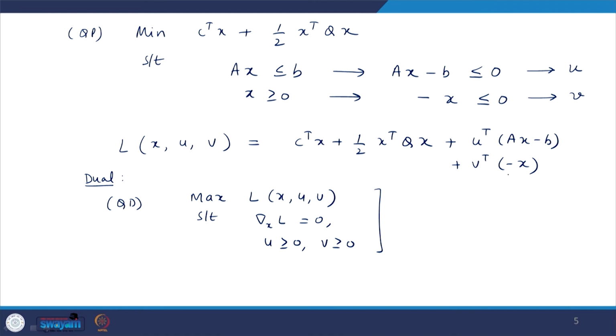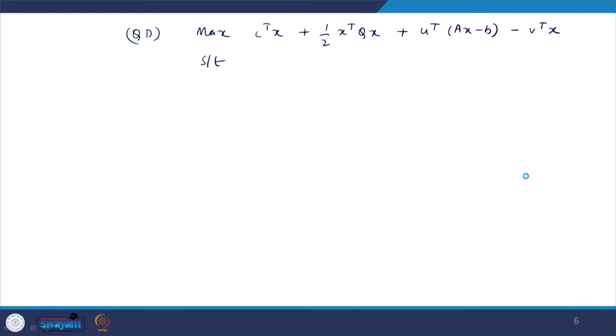You can verify from here, subject to the gradient with respect to x. You differentiate this function with respect to x. So, it will be C plus Q x, because Q is a symmetric matrix, otherwise it would be Q transpose x, but here Q is symmetric, so Q transpose is Q, plus A transpose u minus v equal to 0. And u is non-negative and v is non-negative.